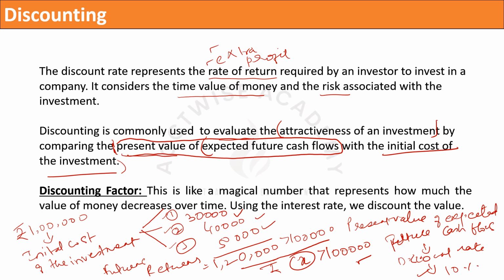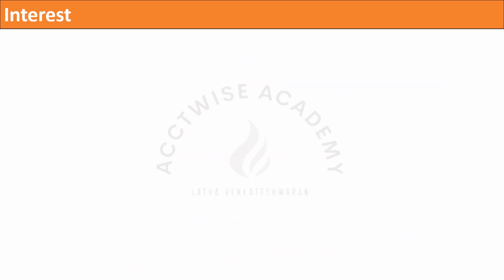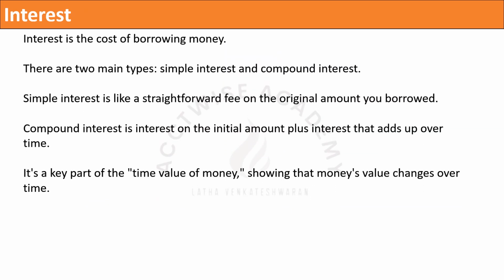What is this discounting factor or discount rate or discounting? It is like a magical number that represents how much the value of money decreases over time. Using the interest rate, we discount the value. Now let us see what interest is.